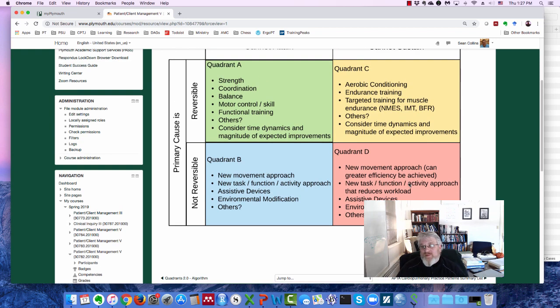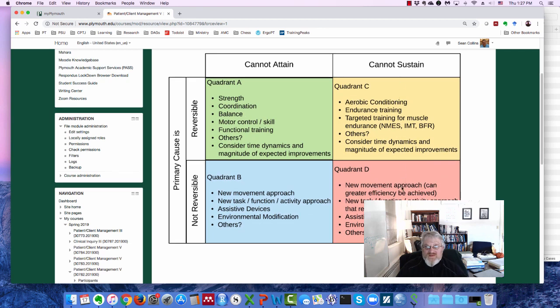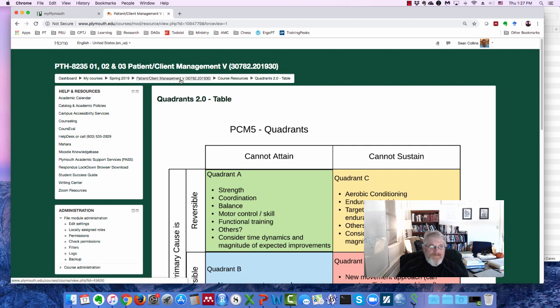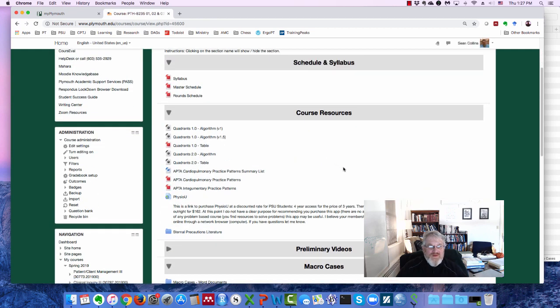This is just an example of the kind of thinking that might happen when someone can't sustain, and we don't think that they have a reason that could be changed. It's not reversible. So that's the essence of the second set of quadrants that I alluded to in an earlier video.